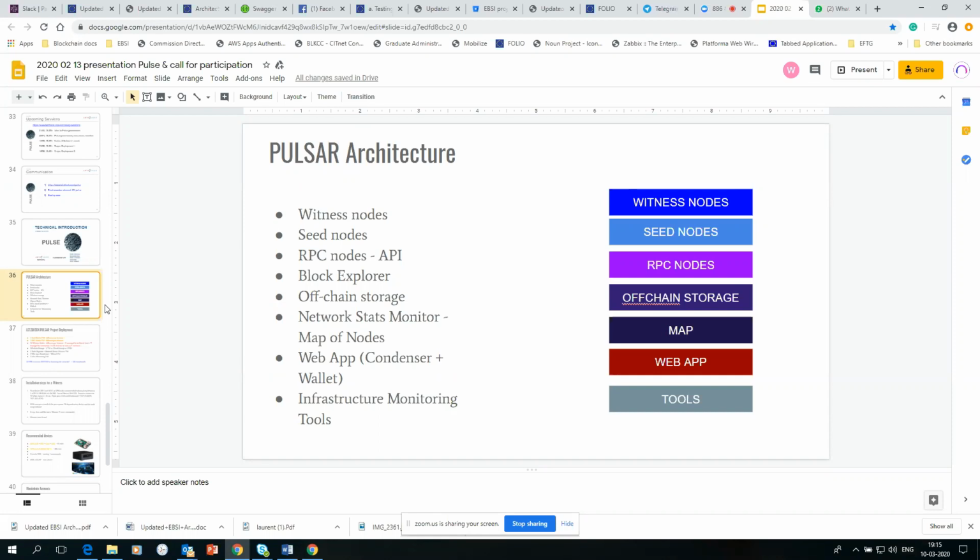Looking at Block Explorer, it's a web tool used to analyze the content of each block. Off-chain storage is another role, deciding what has to be stored off-chain, not on-chain.